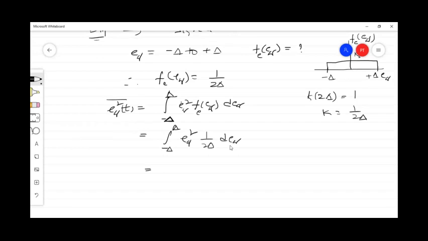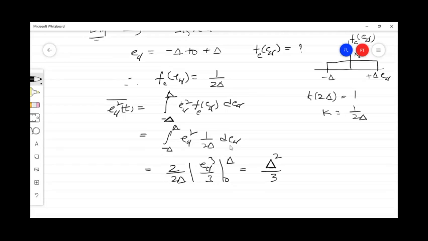Okay. So now what is the value here? 1 by 2 delta, into eq cubed by 3, evaluated between the limits. Okay, just a minute. The value is simply equal to how much? It is delta squared, the 2 cancels, and it is delta squared by 3.